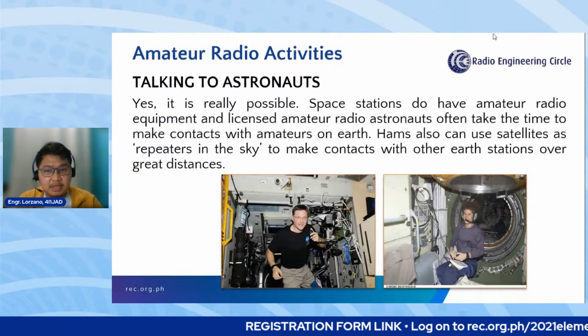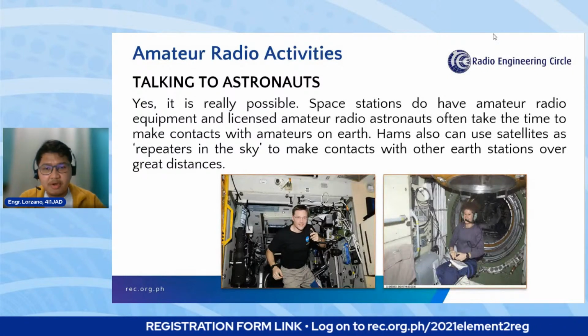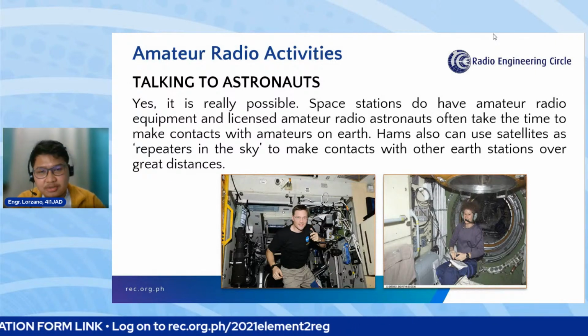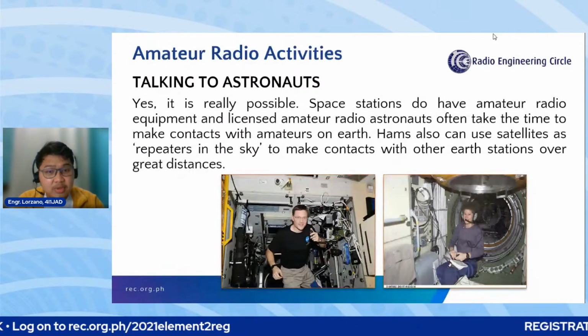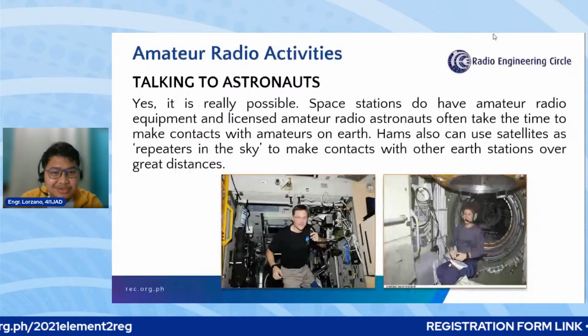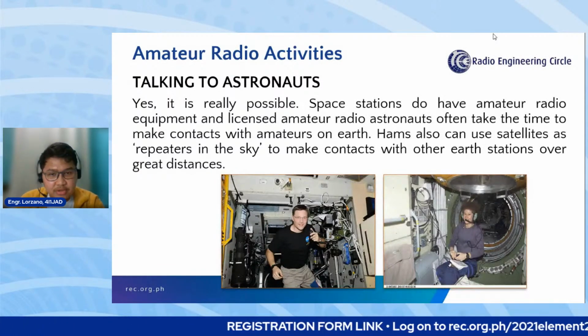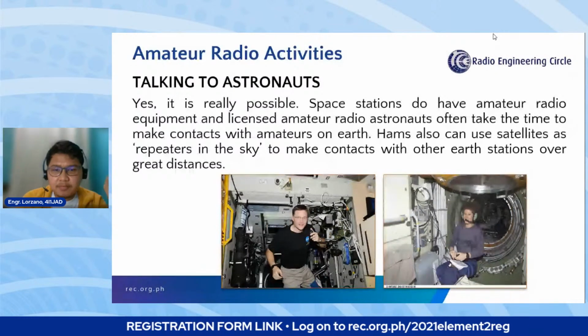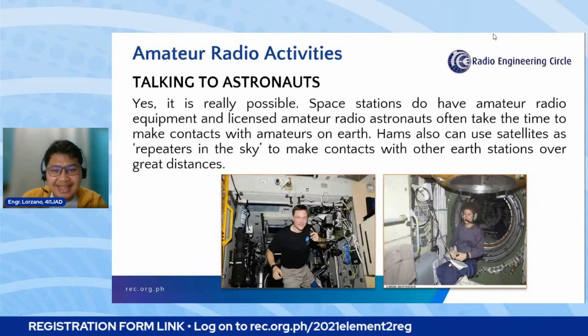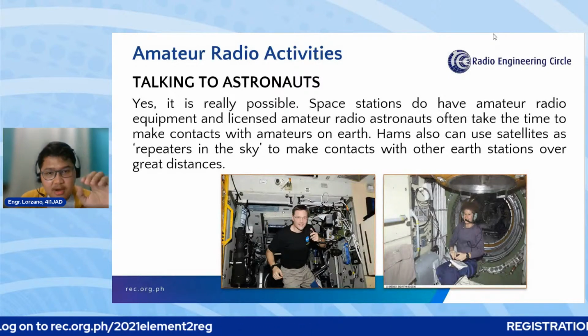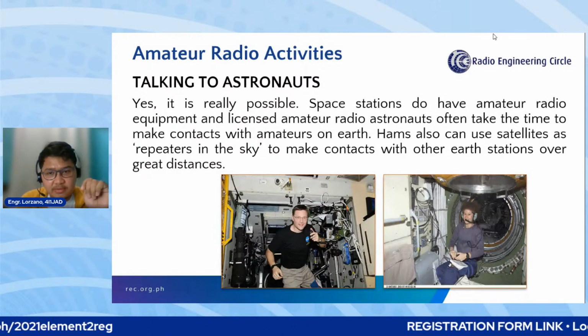Okay, talking to astronauts. So also through amateur radio, it is possible for us to contact the space stations because they also have an amateur radio equipments there, and meron tayong mga licensed amateur radio astronauts. And hams also can use satellites as repeaters in the sky to make contacts with other Earth stations over great distances.